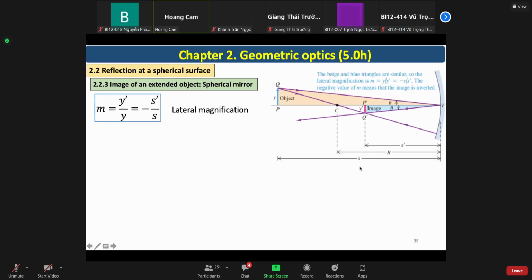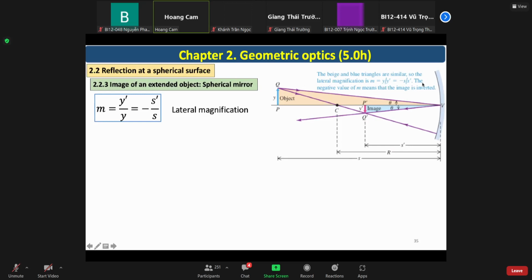And in this case, both S and S prime are positive because the object is on the same side as the incoming rays, right? And then you got positive S. The image also is on the same side of the spherical mirror as the outgoing rays. So also you got S prime positive.